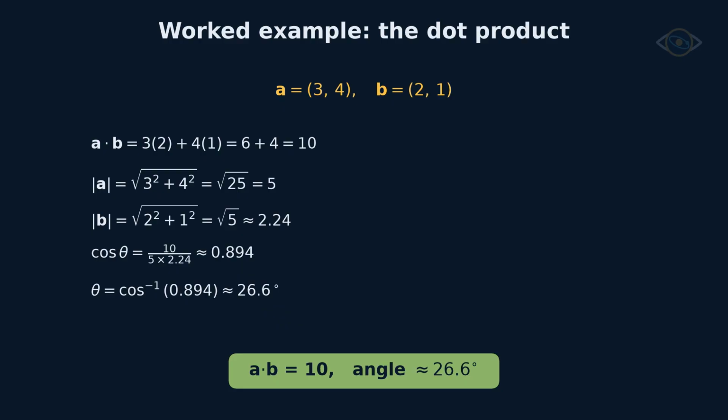So cosine theta is 10 over their product, about 0.89. An angle of roughly 27 degrees. Real vectors, a real number, a real angle. The whole machine on one slide.